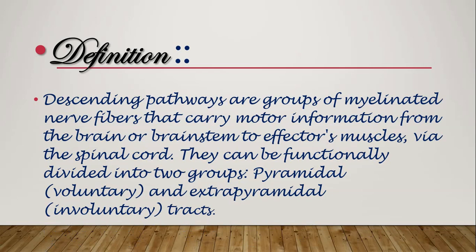These interneurons connect bilaterally with the motor neurons that control the axial musculature and thereby contribute to balance and posture. They also contribute to the control of proximal limb muscle movements.